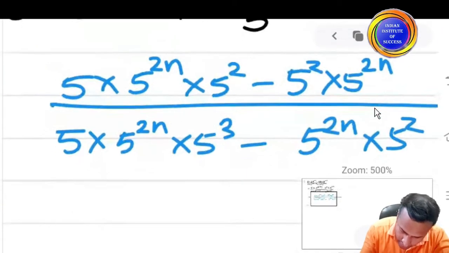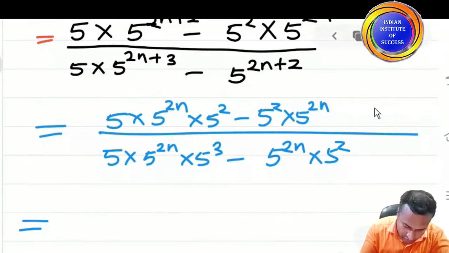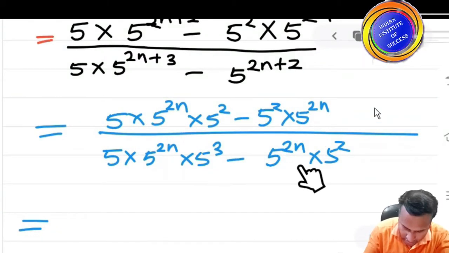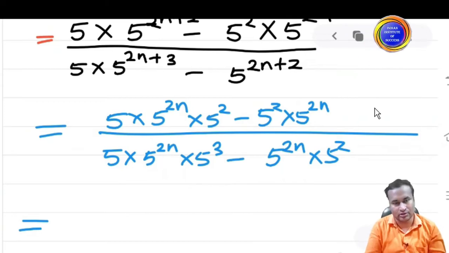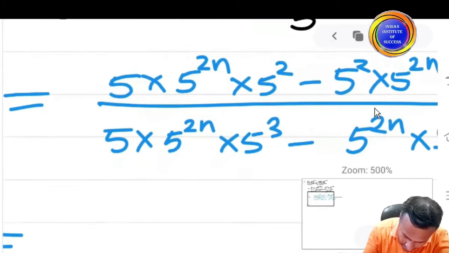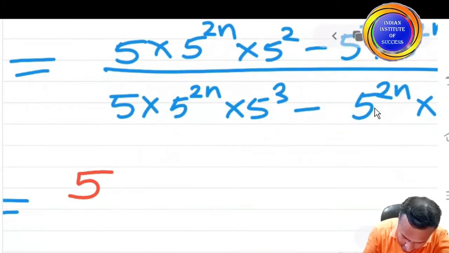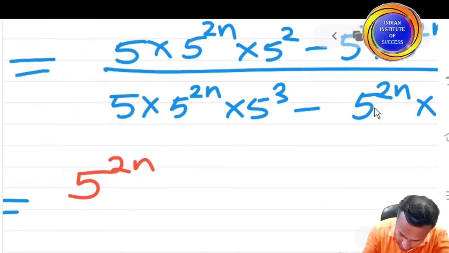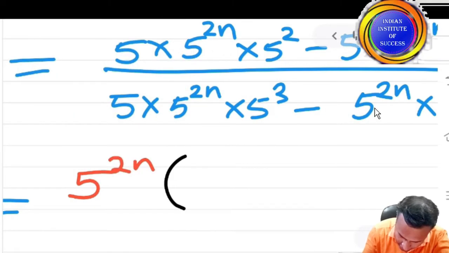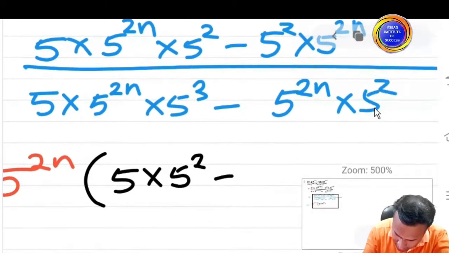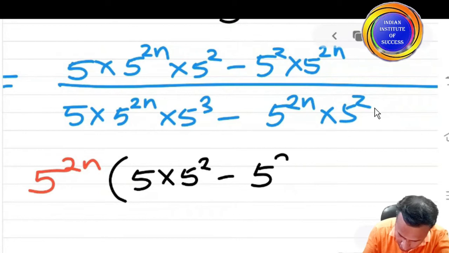Now we can see here 5 raised to power 2n is common here, here. Okay, so we will take out 5 raised to power 2n. Then what will happen? I am just solving here. 5 raised to power 2n I have taken outside from the upper part, so inside you will get 5 into 5 raised to power 2 minus here also 5 raised to power 2.